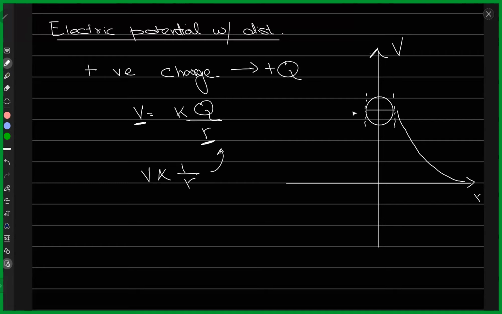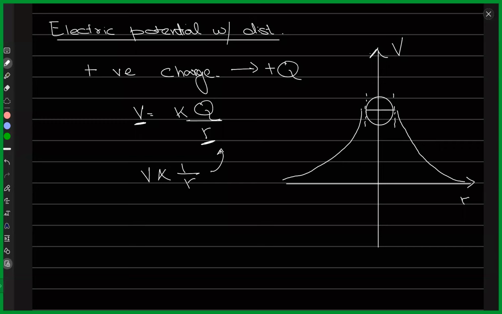And so on the left side, it would also be like this. So is this graph clear to everyone? All right.